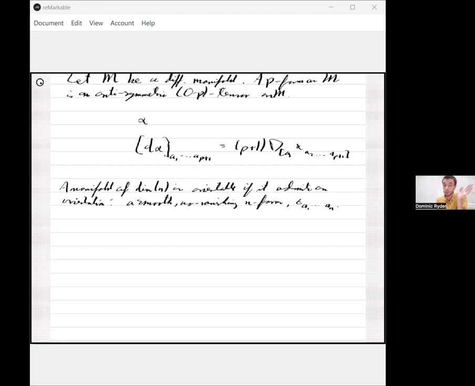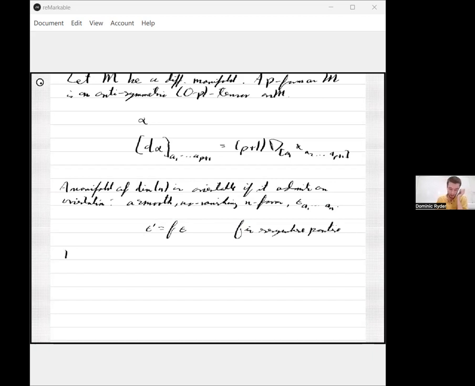So because it's a smooth, nowhere vanishing n form, epsilon prime, which is defined as f epsilon, is equivalent given that f is everywhere positive. So two orientations are equivalent if f is everywhere positive and it obeys that equation.